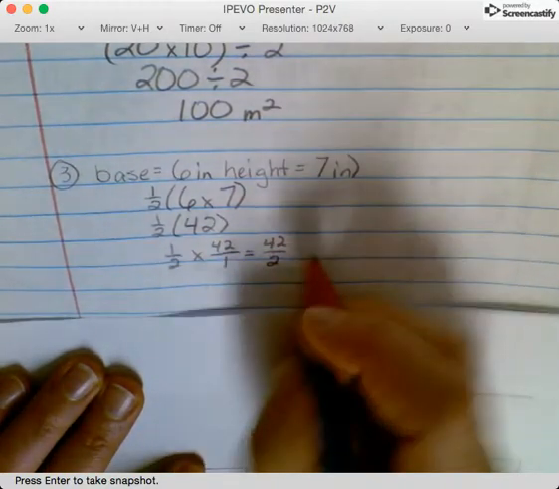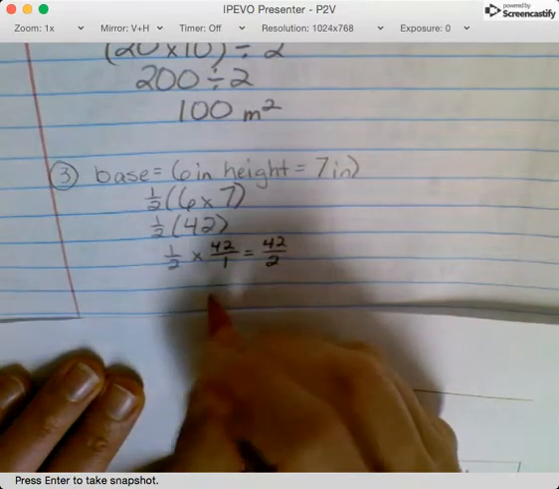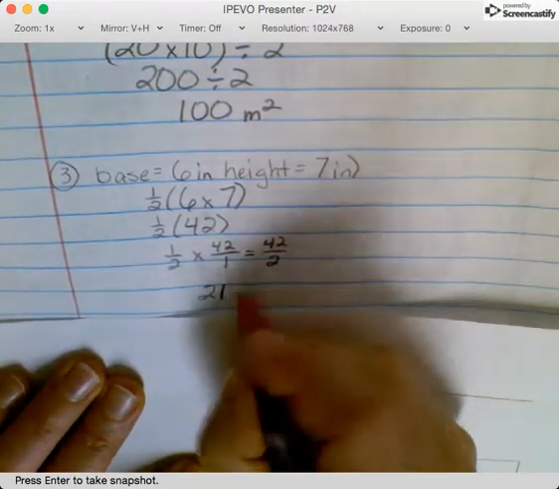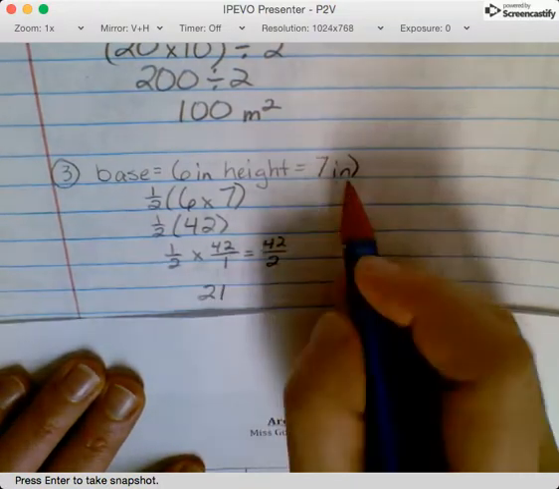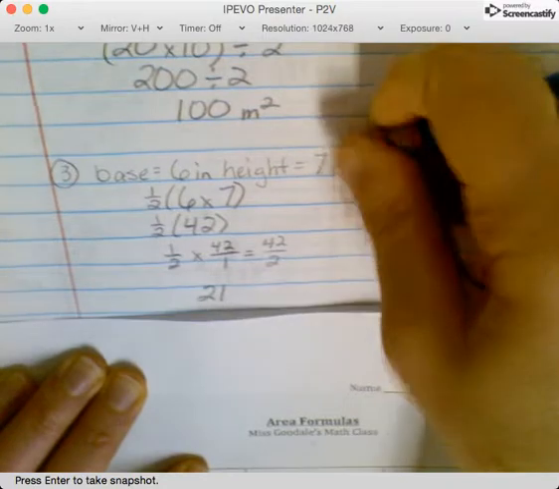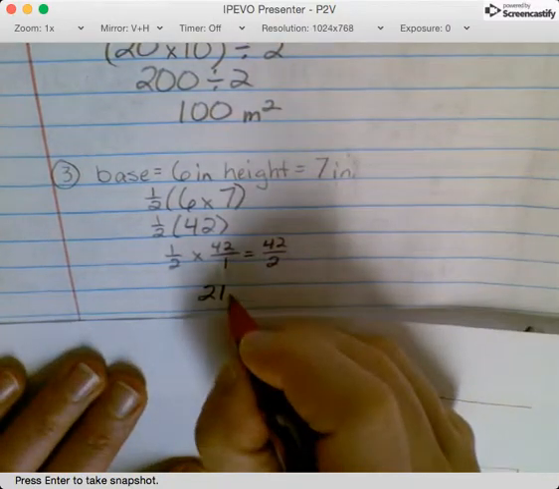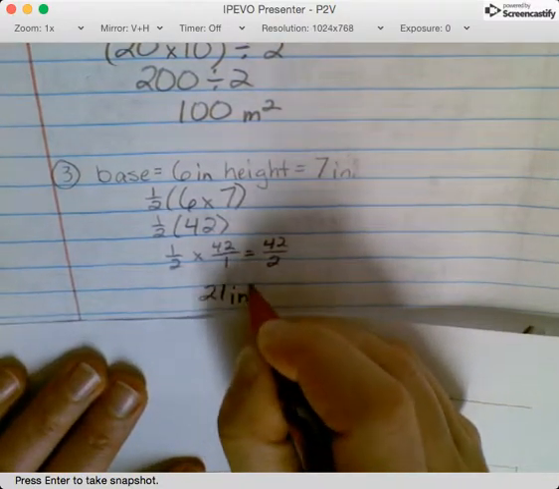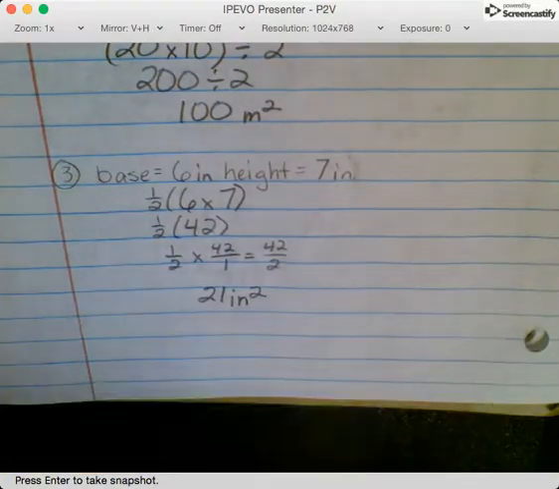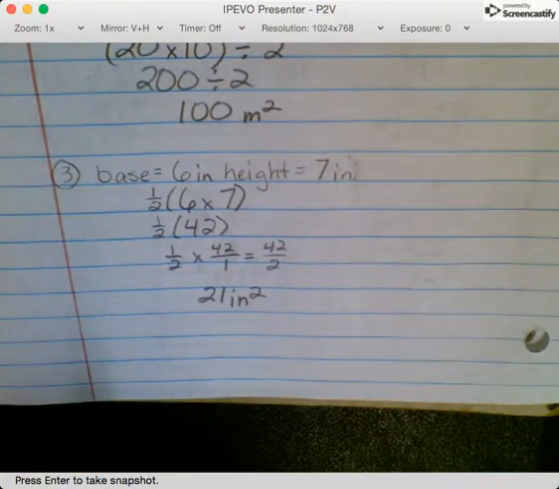And then when I reduce 42 over 2, that is 21. And so then, I didn't need parentheses up here. Our original label was inches, so we just use the inches label and we square it, square units. So 21 inches squared.